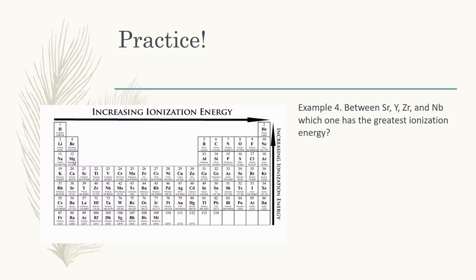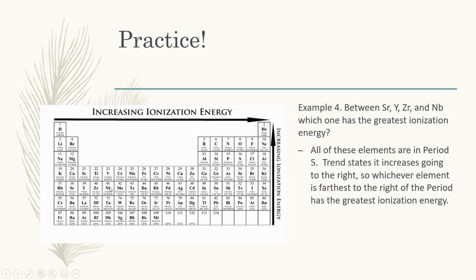Now let's look at some specific elements. We have strontium, yttrium, zirconium, and niobium. Which one of those has the greatest ionization energy? So let's find them on the periodic table here. So we have yttrium right here, zirconium, niobium, and strontium's right there. So they're all in a row. That means all these elements are in period 5. I know they're in period 5 because you just count down 1, 2, 3, 4, 5.